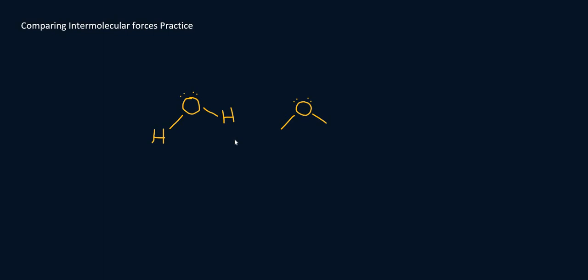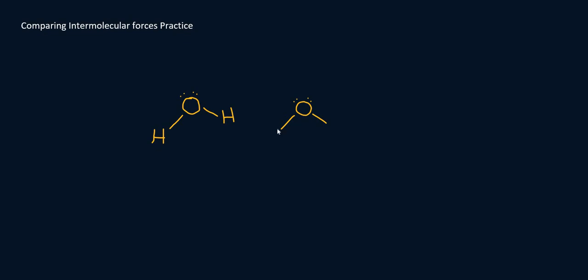So let's look at one last example, and this is probably the last type of question I could see you potentially being asked. And that is, what intermolecular forces could exist between two different molecules? So we looked at what would exist between identical molecules. Now let's look at one quick example of if they were different molecules, rather. So here I've got a water molecule and a dimethyl ether molecule.